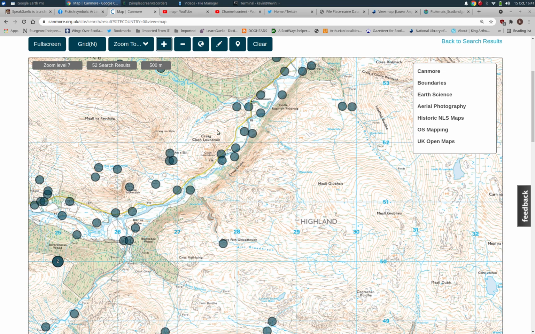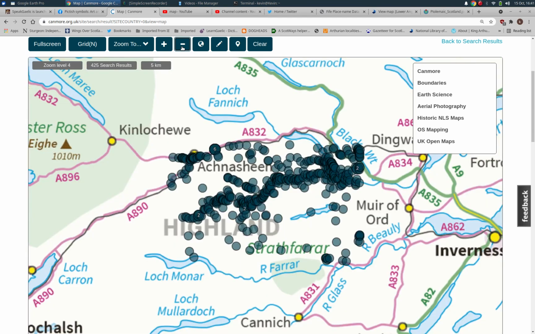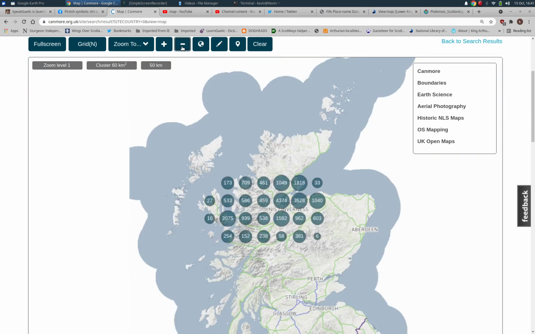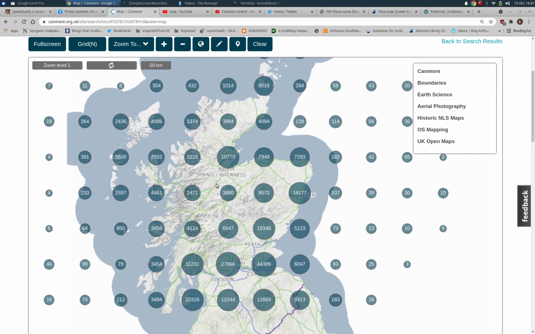We see this is the Canmore database, and this is where a lot of the points for the Roman roads and the Roman forts and such like come from. It's basically a map of Scotland, which includes all of the information that they've gathered from the various archaeological digs that they've done throughout the years.